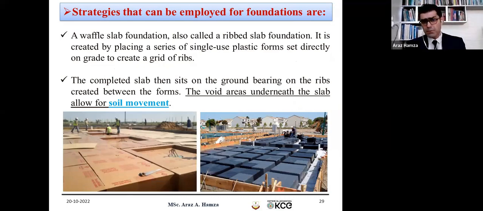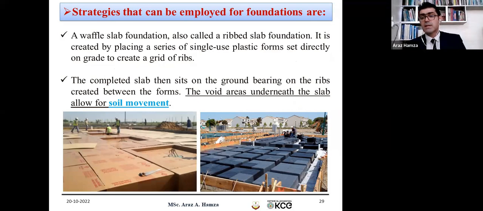Also, the waffle foundation can be made with different materials. Plastic material can be used, boxes, flint, and in some cases you can use degradable materials like cardboard, because the cardboard can stand the fresh concrete, but after the concrete has dried it does not need to be supported by such a material.